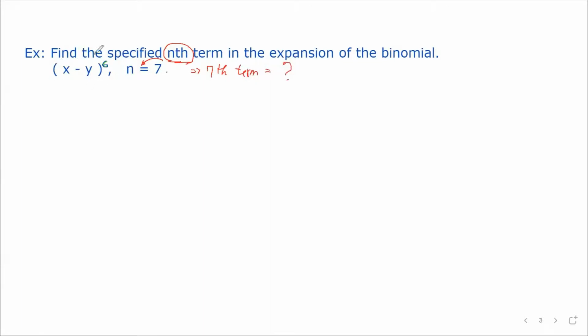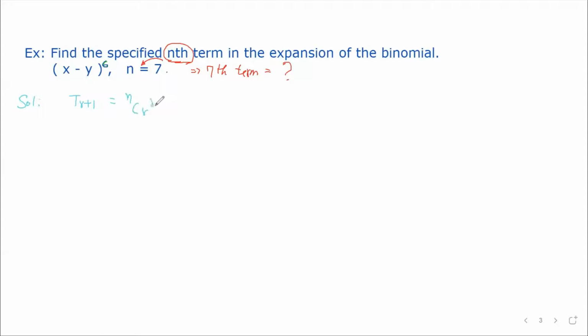Okay, now from this one again, we use the formula of specific term. Okay, we write down the solution here. Write the formula first. T r plus 1 equals, again, nCr, okay?